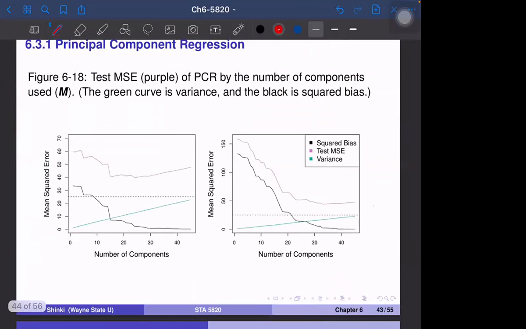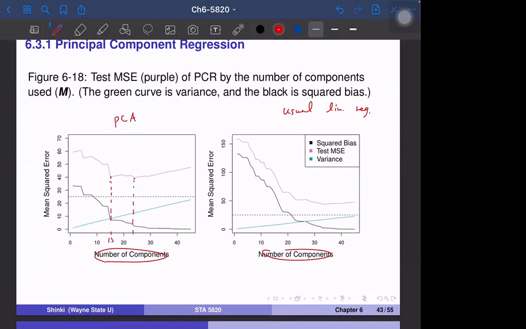So this is principal component analysis and the usual linear regression. And this is the number of components. You can see the purple line is the optimal one. So probably this is the optimal point, possibly here.